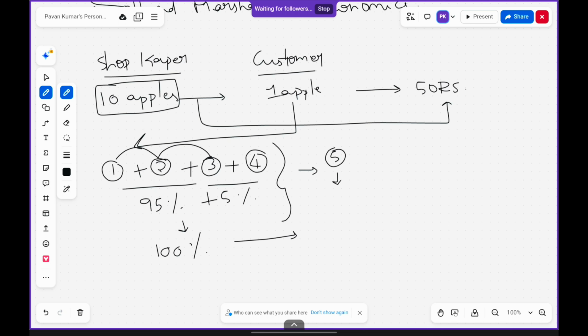But after consuming the fifth apple, the satisfaction level started decreasing instead of increasing. It has decreased by 30% out of this 100%. He started consuming the sixth too, and at this point it has reduced by 40%, including this 30%. That means it is cumulatively 70% out of this 100%.